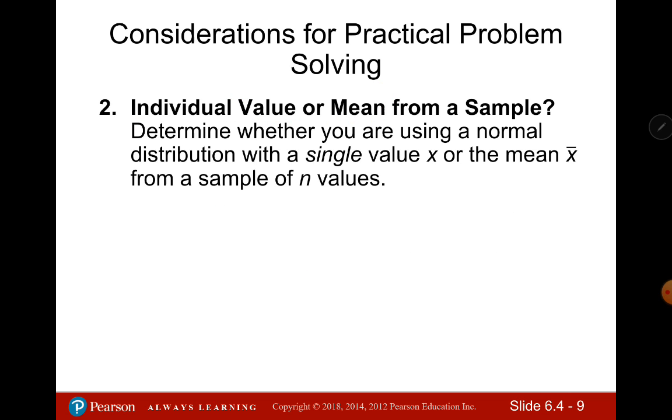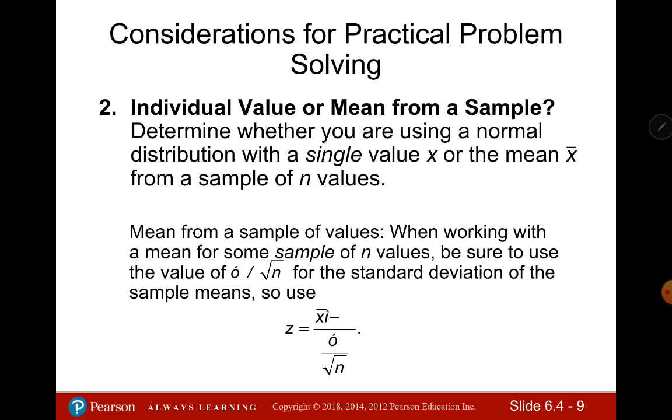But if we are talking about x bar, then the formula is not the same. Make sure you don't forget the square root of n term. And we also call that term the standard error. We have a special name for this standard deviation. We call it the standard error.